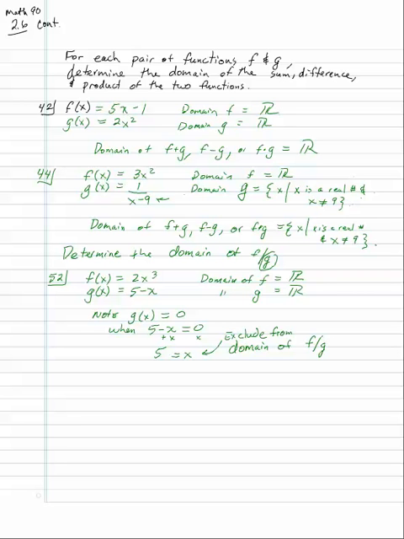Now, it's no problem for g, but if g is the denominator of a fraction, then it's not allowed. You can't have 0 on the bottom of the fraction. So the domain of f divided by g is a set of all x's such that x is a real number and x cannot equal 5.